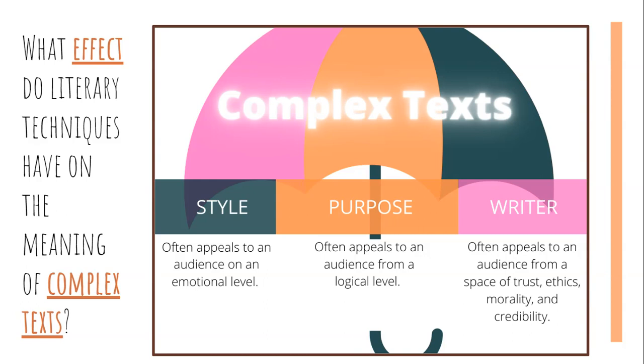And finally, getting back to the writer, kind of separately, the writer of the complex text. When we read complex texts, we need to know a little bit about this writer. We need to know about their background. Are they just Joe Schmo writing a blog? They're living out in the wilderness somewhere and they've written a blog for us to read?